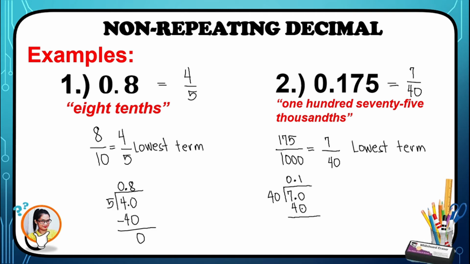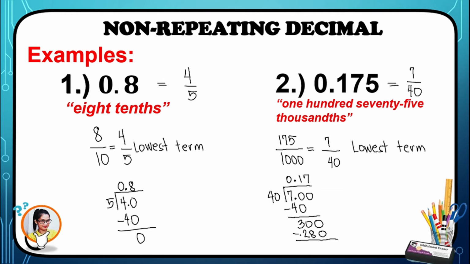So we're going to subtract. 70 minus 40 is 30. Is there 40 in 30? None. Therefore, we'll add 0, we'll bring down 0. Now, how many 40 in 300? It's correct, we have here 7. 7 times 40 is 280.